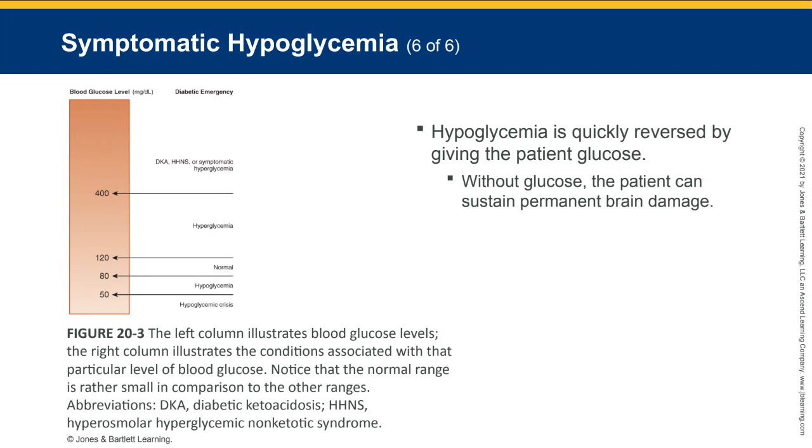Anything above 120, you're looking at hyperglycemia. Above 400, you're looking at DKA, HHNS, or symptomatic hyperglycemia. And I've had patients whose blood sugar is so high that the machine just says high. It doesn't even give a value. It said high.